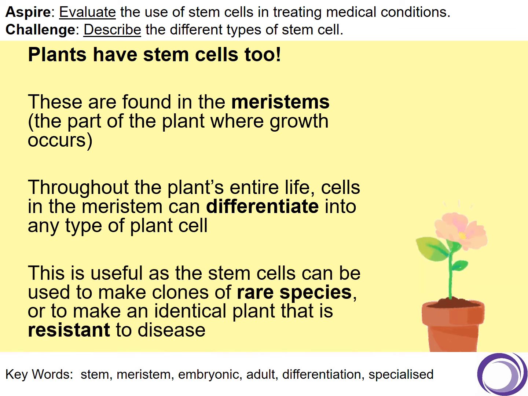Also really useful to make clones of rare species, or to make plants which are resistant to diseases, or stop them from dying out. So meristems are another one you need to know. It's basically the stem cell for plants.